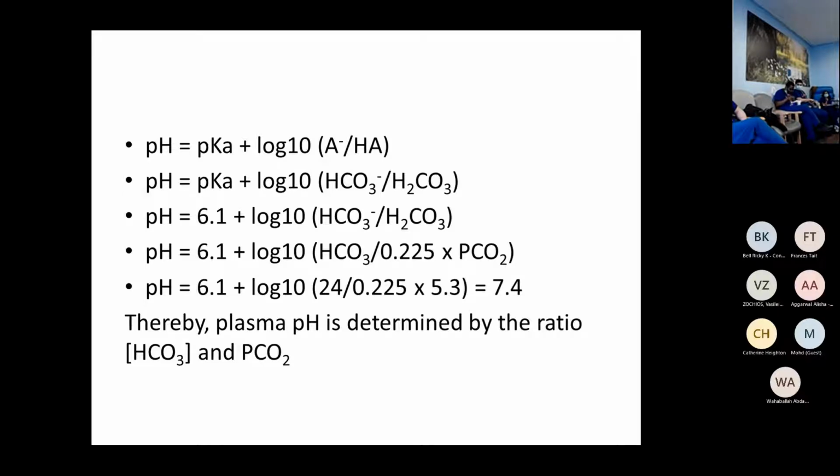We're using inverse log here, so the pH is given by the inverse log of the dissociation constant and log to the base 10 of the conjugate base over the acid. And that will apply for any weak acid. So if we plug in the numbers for the carbonic acid system, using bicarbonate and carbonic acid.